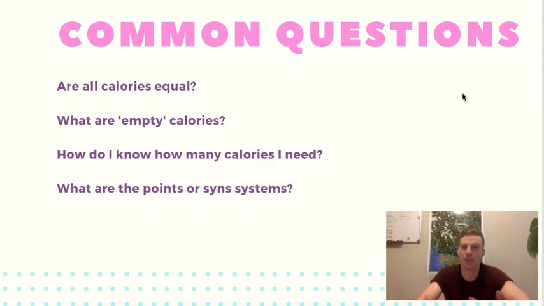When you understand the laws of biology, calories are energy. It doesn't matter where the calories come from, they contribute to your daily total. So it doesn't make any sense to have points or sins. There's no such thing as free food, they're still calories, it's still energy. That's why those systems are totally flawed.